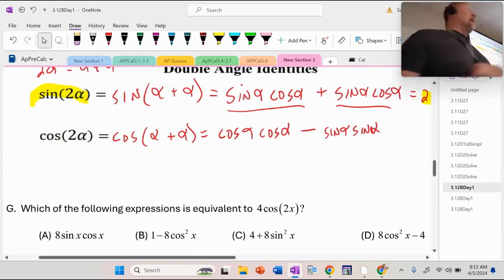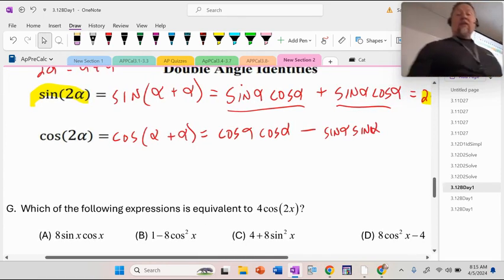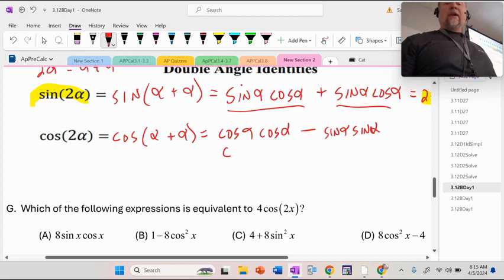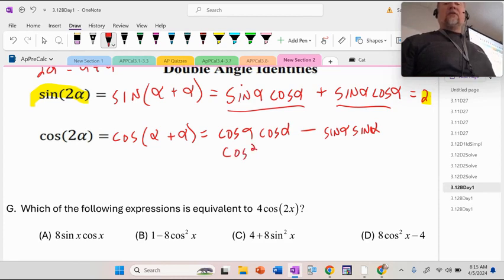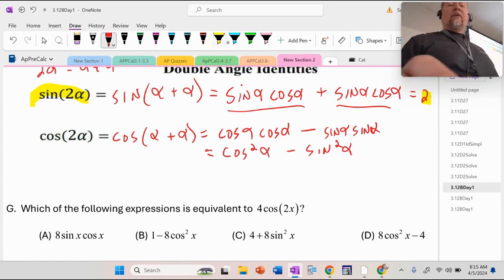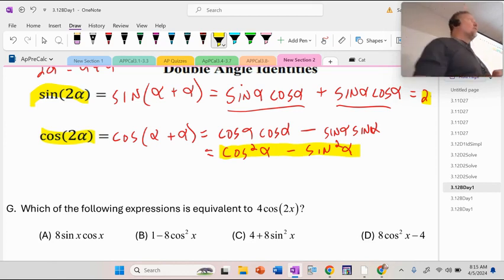This is why you're not going to like cosine 2 theta rules, because there are 3 different possibilities. So let's highlight this one in yellow. Why? It's because of the Pythagorean theorem.